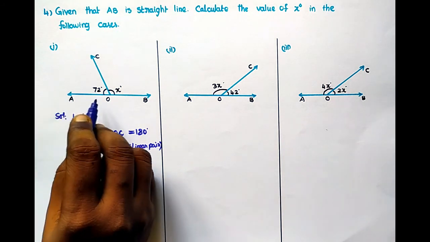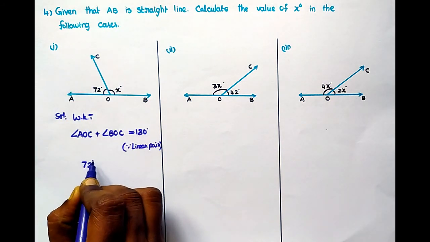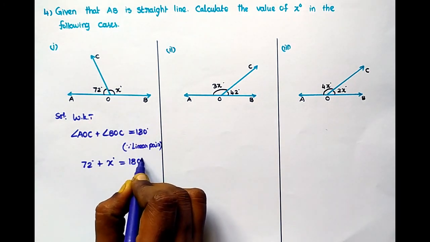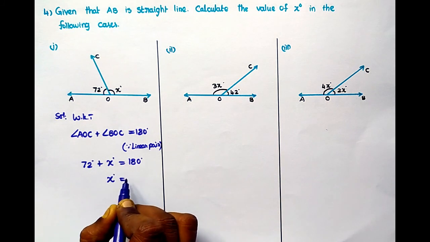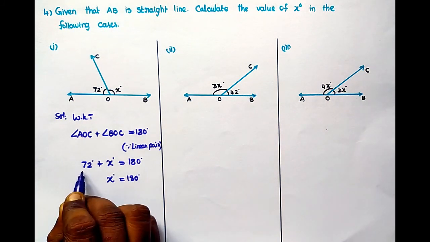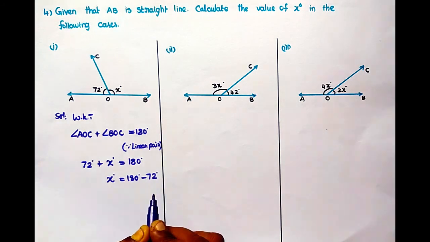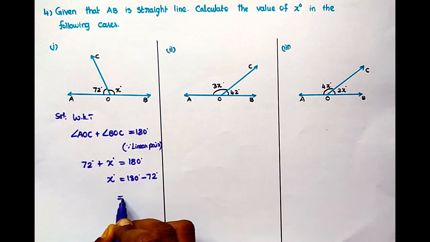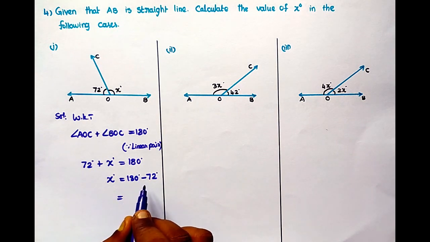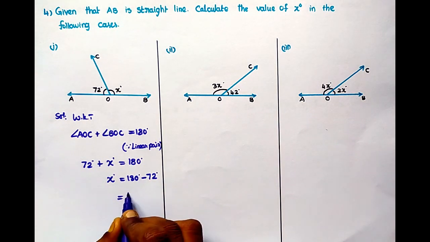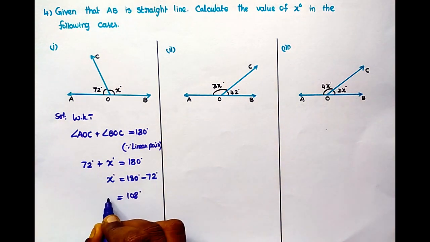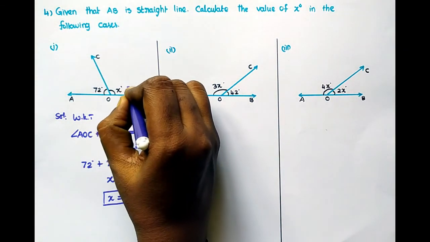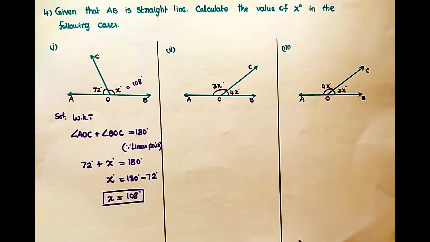So 72 degrees plus x degrees is equal to 180. x equals 180 minus 72, that is 108 degrees.